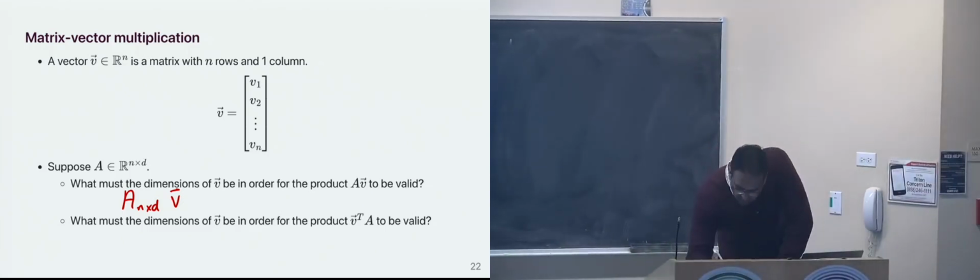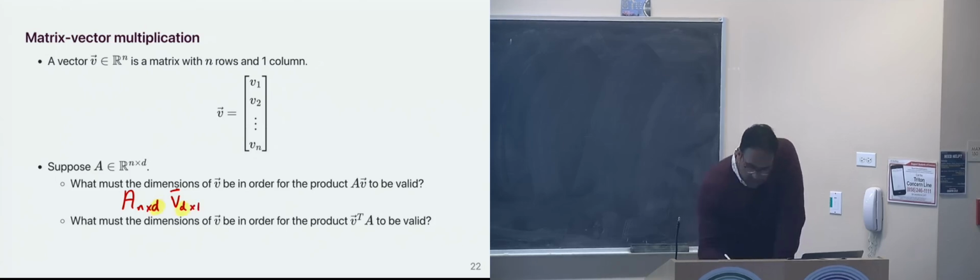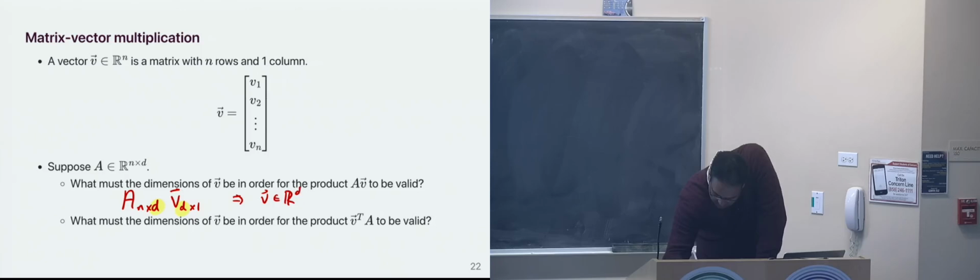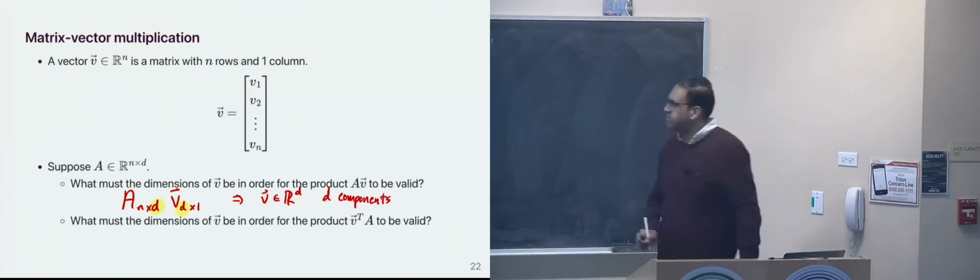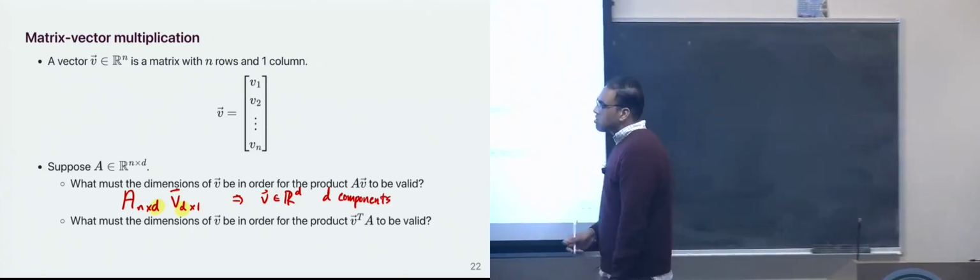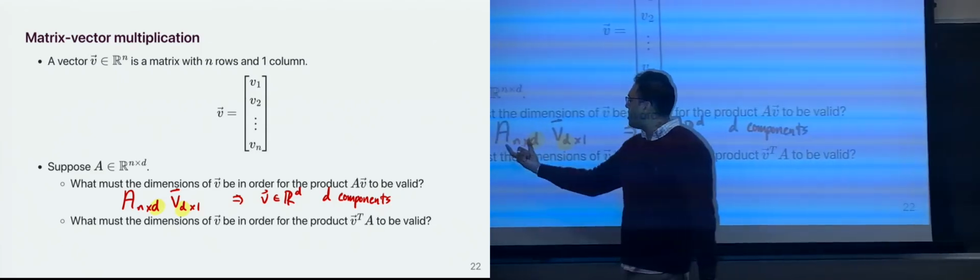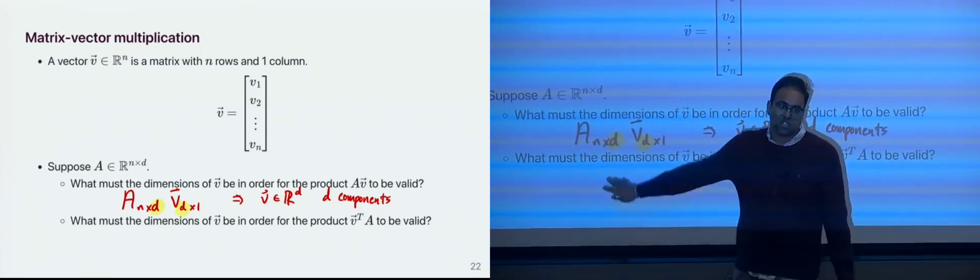Yeah, it should be d by 1 if it's going to be a vector. That needs to happen so that the inner dimensions are the same. That means V must be in the space of d-dimensional vectors. Okay, good. So this involved right multiplying A by V, because V is on the right.